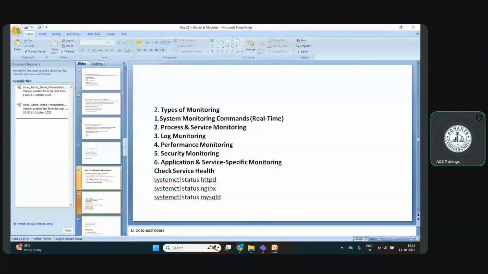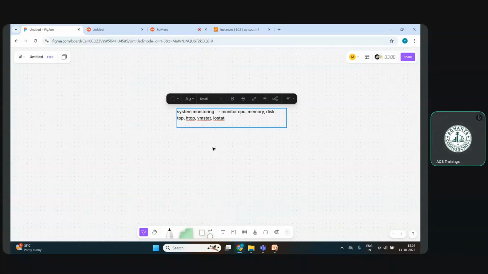And we have process and service monitoring. It mainly helps us in checking running processes and service health.